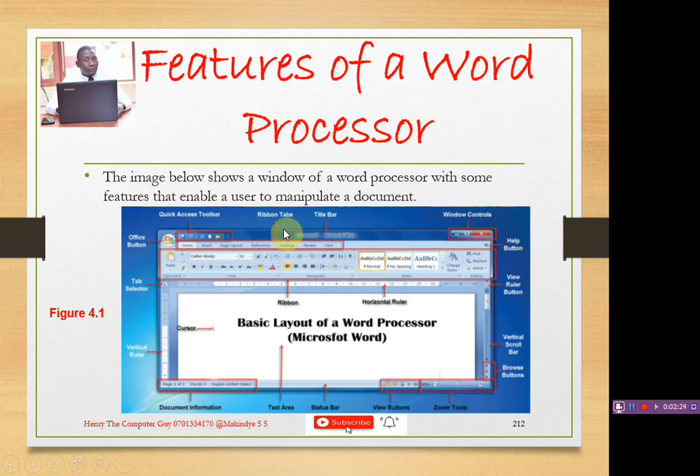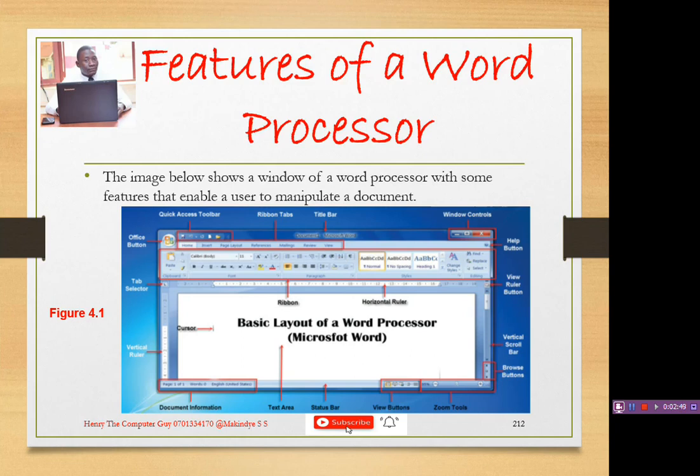So we come to what we call the ribbon tabs. These are the ones we have. For example, there are 7 in number. We have the home, the insert, the page layout, the reference, the mailing, the review, and lastly we have the view here. So those are called the ribbon tabs. It is specifically located below the quick access toolbar and the title bar.